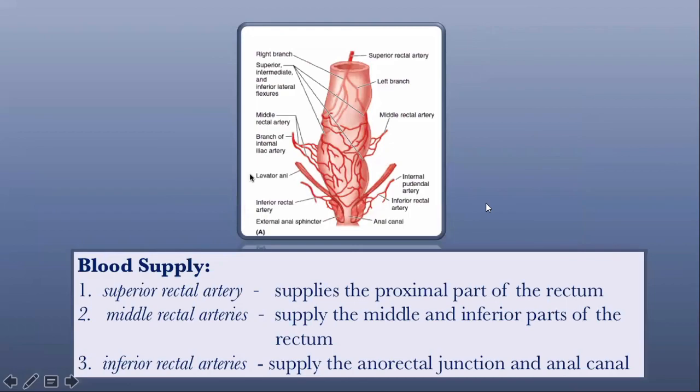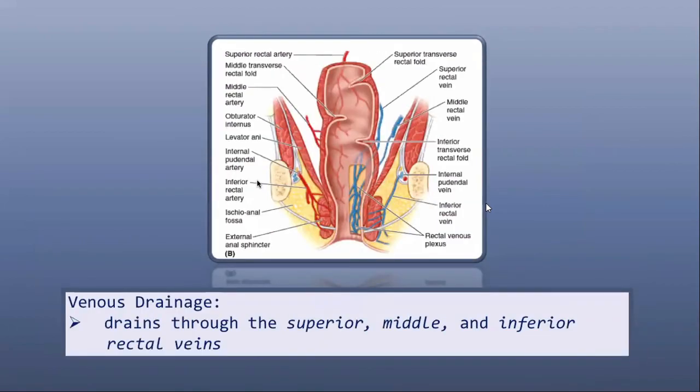The veins follow the same pattern: superior, middle, inferior rectal veins. But take note that the superior rectal vein drains into the portal venous system through your IMV, while your middle and inferior rectal veins drain into your internal iliac veins, or your systemic venous drainage.